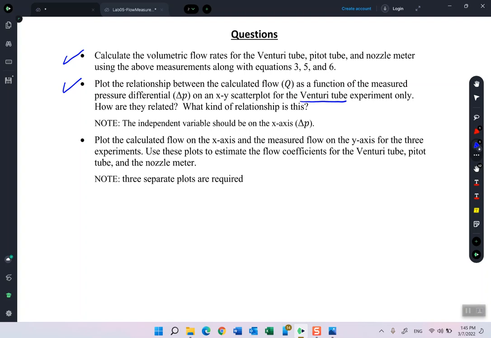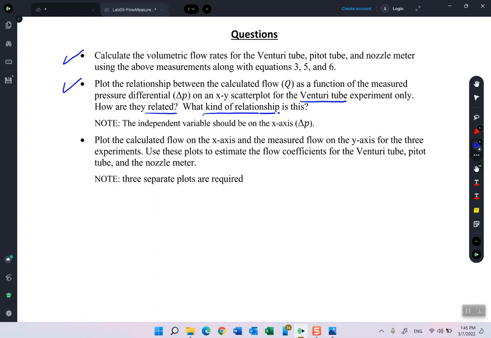You only do that for 1 experiment. Then, after plotting, it asks how they are related, and also about the kind of relationship. Is it linear? Is it non-linear? If it's non-linear, what's the type of this relationship?